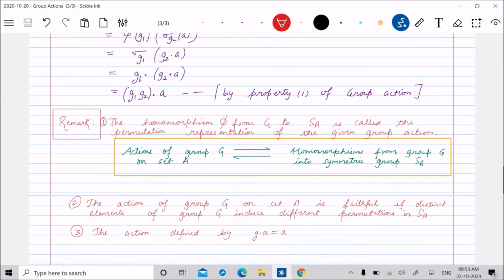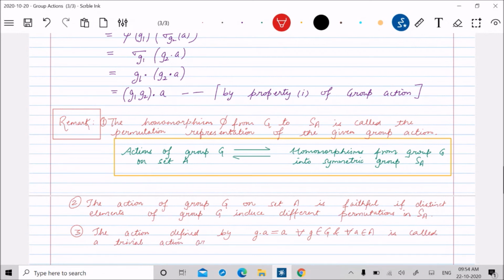Then that action is called trivial action, defined by g dot a equals a for all g belonging to G and for all a belonging to A. If this happens, then it is called trivial action.